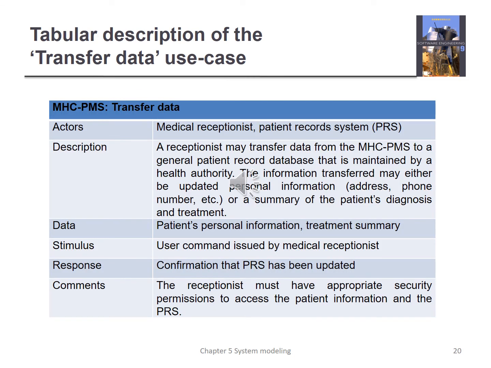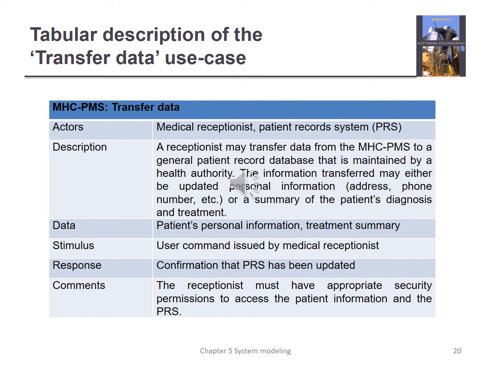In the use case in the previous slide, mental health care patient management system transfer data, if you look at the actors, they are represented by two figures, medical receptionist and the patient record system. The description of that use case: a receptionist may transfer data from the mental health care patient management system to a general patient record database that is maintained by a health authority.